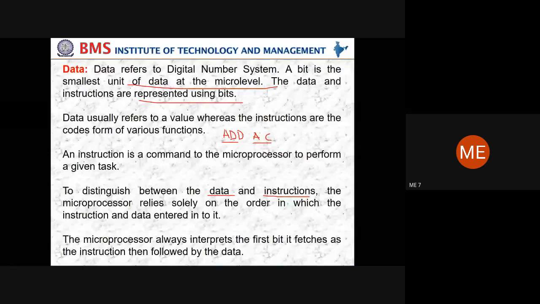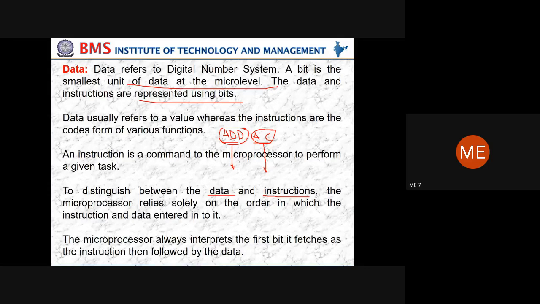The first one, which the microprocessor reads, is an instruction, followed by data. Both of these are represented using machine level language, in the form of binary. This will be converted into its binary equivalent, and this too will be converted into its binary equivalent.